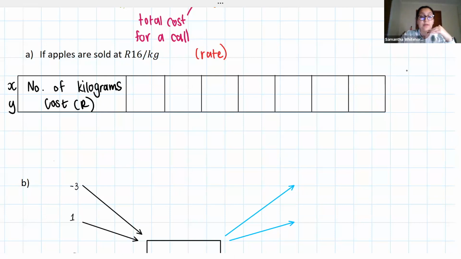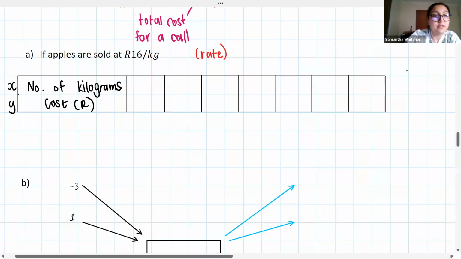Generally, guys, if you're working with a scenario where cost is involved, or you're determining how much you're going to pay for something, that's going to be your Y value, because cost depends on how much you purchase or how much of something you use.